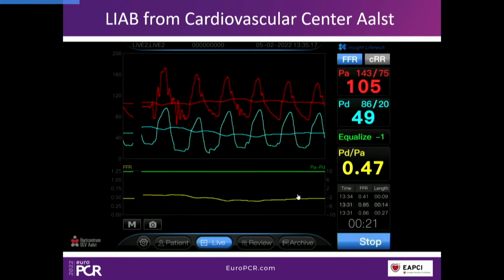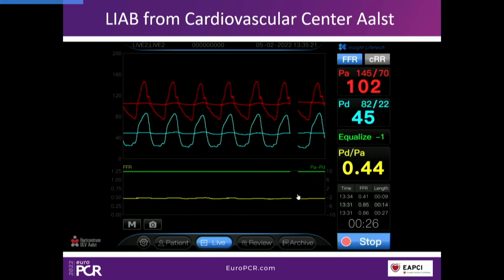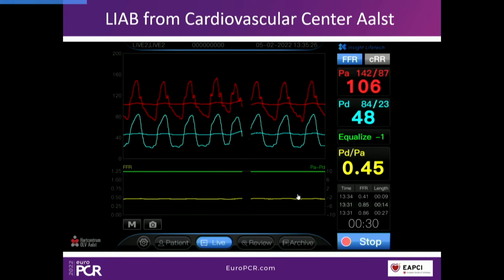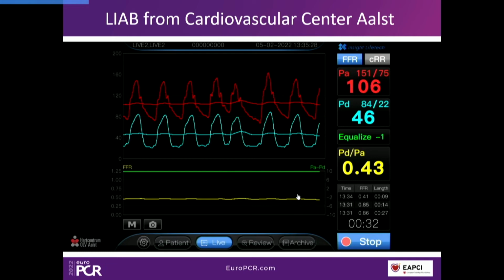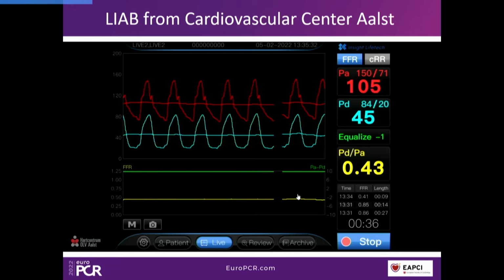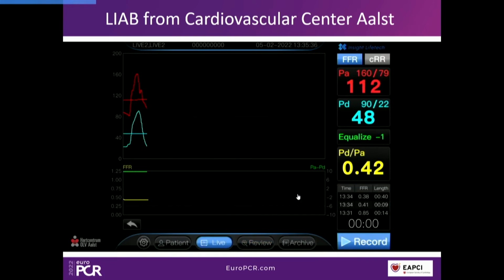There you go. Now we should be shortly fully hyperemic, Jeroen. So as you can see, even at rest, there's already a hyperemic state with a Pd/Pa that is almost as low as the FFR. That's right. Okay, we'll perform a pullback. Stop. Live. Go.